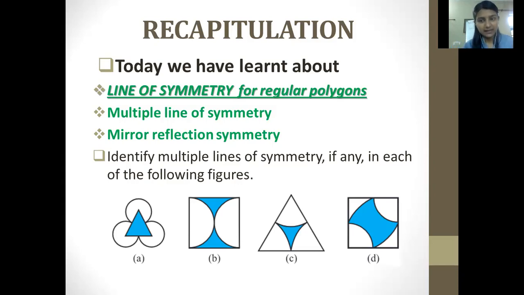In the second case, yes, if we divide from the center, it is making a line of symmetry, but from this side it is again making a line. So we can say it would be considered two lines of symmetry. In the third case also, and in the fourth case also. Excellent students, you have all understood the concept successfully.